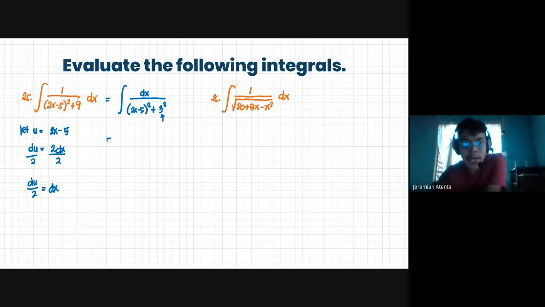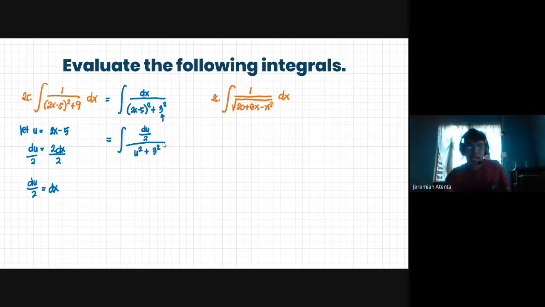So from that, we will now have integral of du over 2 all over u squared plus 3 squared. Right? And from that, itong d over 2, si 1 half dyan, pwede nating ilabas. So we have 1 half integral of du over u squared plus 3 squared.